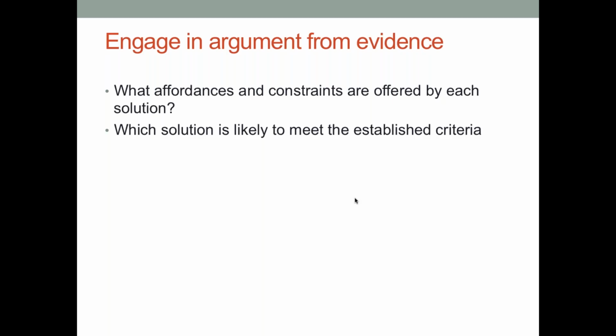Based on your research, based on what you've done, you should be able to figure out which ones can meet the criteria. And so an argument ensues, a very respectful argument and based in evidence, but a slightly different evidence-based argument, I would suggest, than what scientists would engage in.